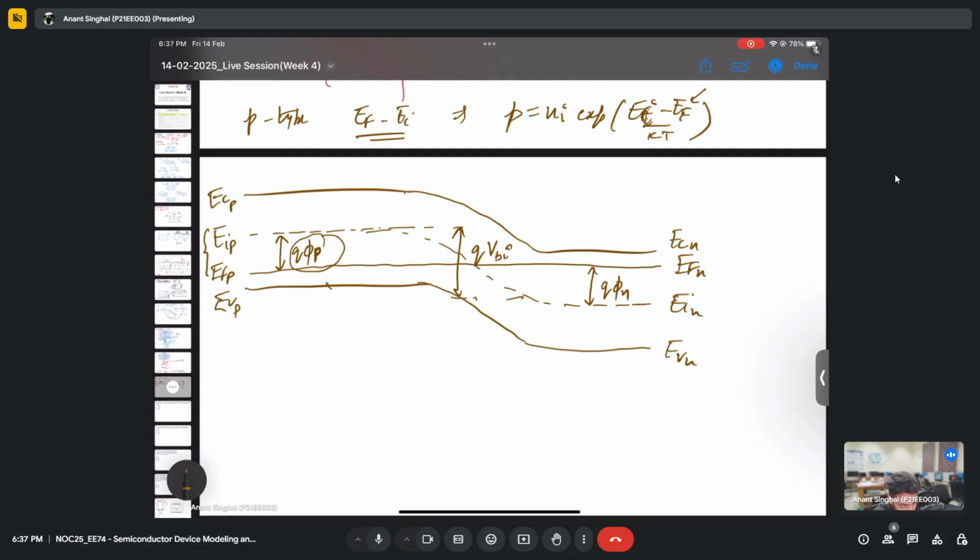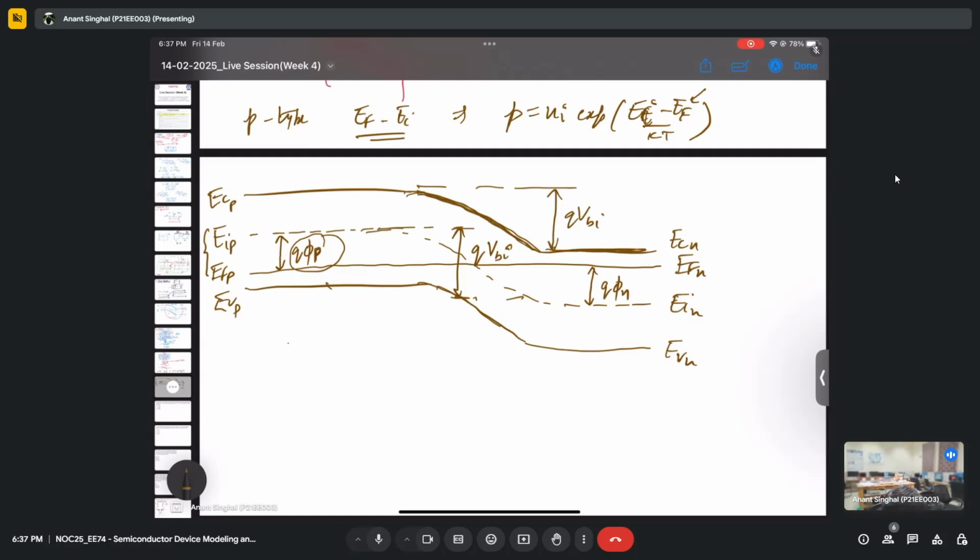And the electrons in the conduction band of the n side see a potential barrier. So you see this is the barrier, from EC to here, this is the barrier they are seeing. This is the exact same difference that I have made here, because the same bending is happening everywhere. The EI is also bending like that.